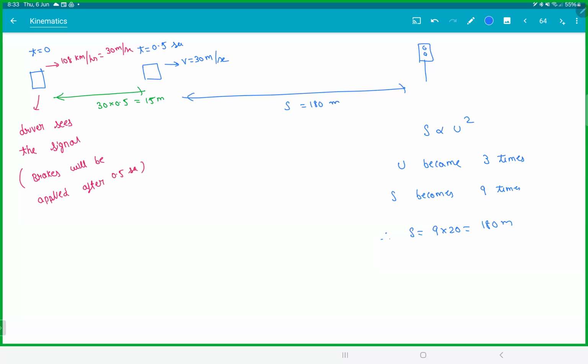So that means this guy saw the signal, for 15 meters he didn't apply the brakes, then he applied the brakes and the car took 180 meters to stop. So the total distance at which he saw the signal is 15 plus 180, 195 meters. Is this clear, everyone? That's it. You just have to add that extra 15 meters, the time when he didn't apply any brakes.